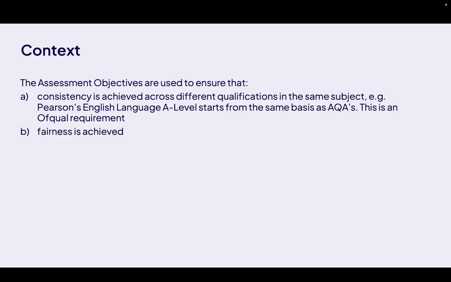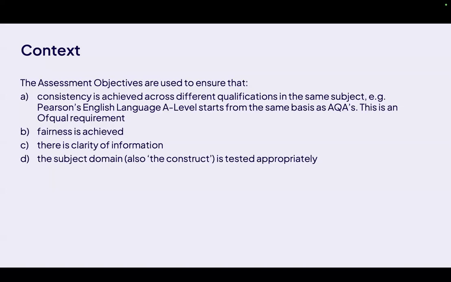In this way, fairness is achieved and obviously clarity of information is provided. The subject domain, also the construct as we call it, is tested appropriately. So the whole of the subject, at some point, is assessed via these assessment objectives. And therefore, validity is achieved.